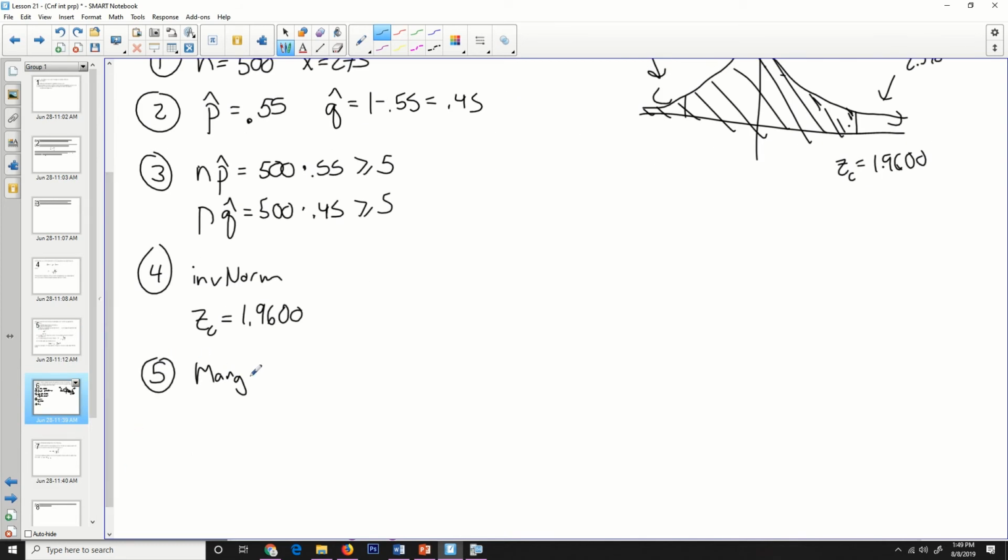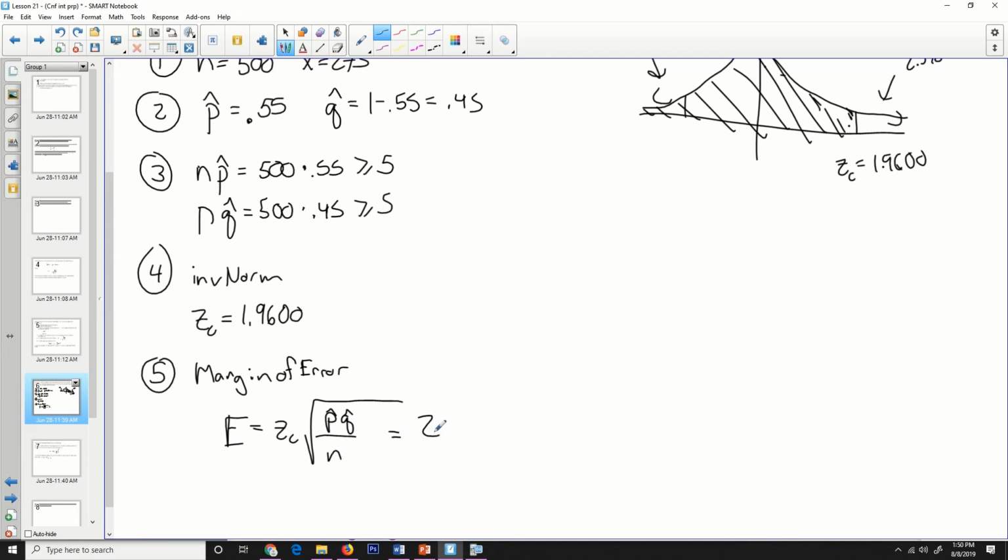So number 5, the margin of error, E, is, in that equation we gave in a previous slide, ZC times the square root of p hat q hat all over n.